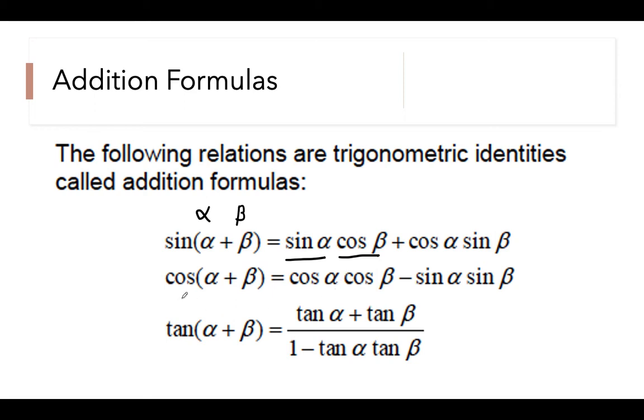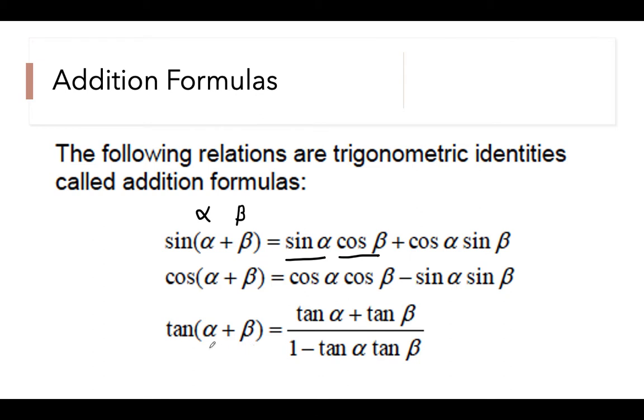What about cosine? Cosine of alpha plus beta is cosine alpha times cosine beta minus sine alpha times sine beta. You will notice that it's very similar to sine for the compound angle, except that cosine is together with two different angles, subtracting sine of the two different angles.